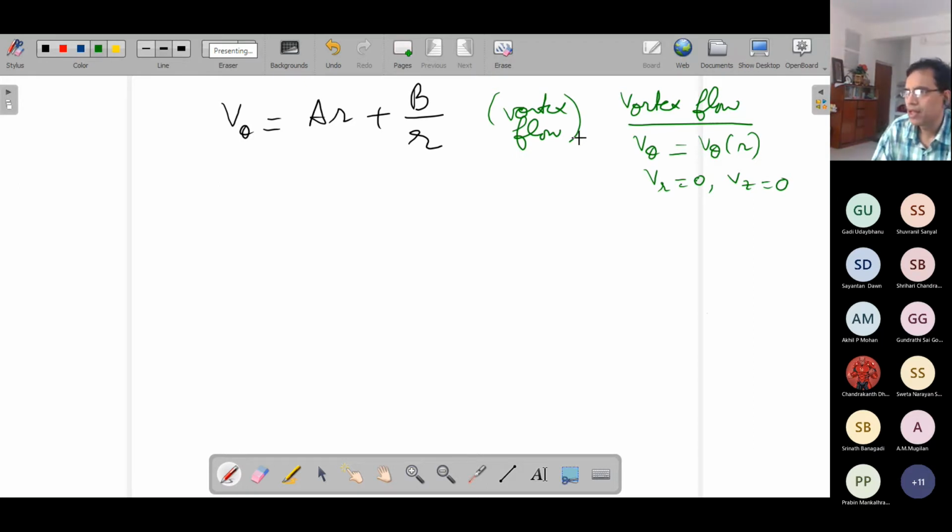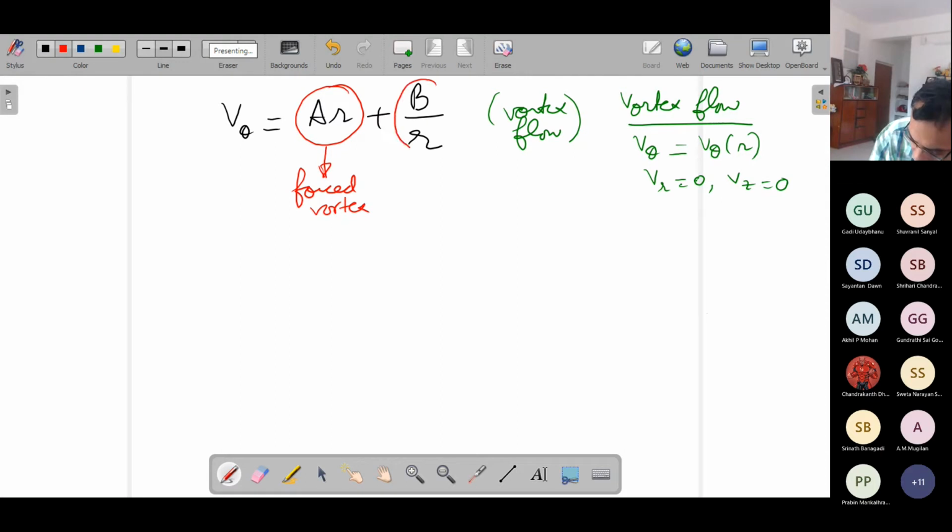In that sense, it agrees with the intuitive perception about vortex. Now, more quantitatively, you have a component which is proportional to r. So you can imagine it is like v theta equal to omega r. So it's just like v equal to omega r. This is forced vortex.